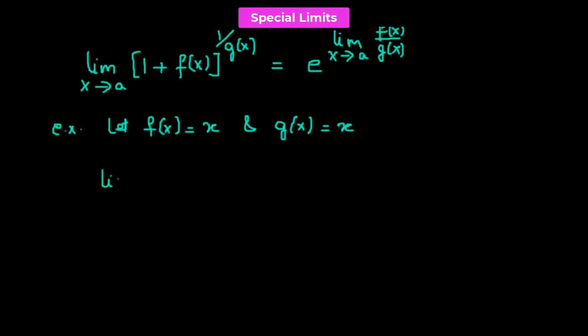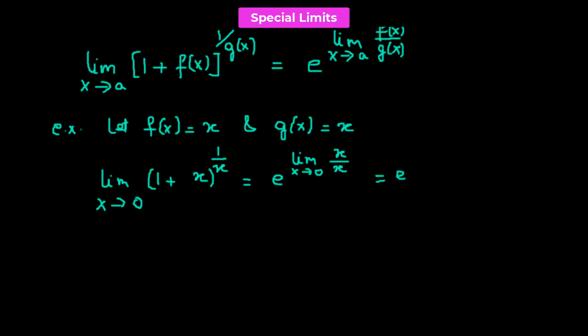Then the limit as x approaching 0 of 1 plus f of x, which is x, whole raised to the power 1 over g of x, which is x, will be equal to e raised to the power of the limit as x approaching 0 of f of x, which is x, divided by g of x, which is x.